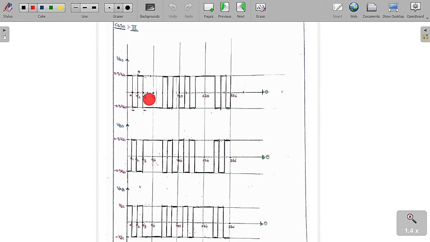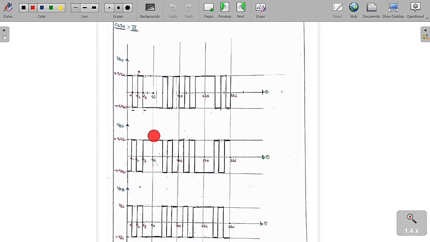From alpha 1 to alpha 2, we are going to switch on switch 3 and switch 4. So V0 is equal to minus 0.5 VDC, VB0 is equal to plus 0.5 VDC and VAB is equal to minus VDC. Similarly, from alpha 2 to alpha 3, again we switch on switch 1 and switch 2, so again V0 is equal to plus 0.5 VDC, VB0 is equal to minus 0.5 VDC, and VAB is equal to plus VDC.